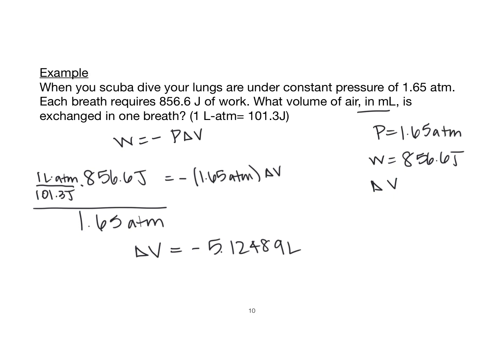The question asks for the volume of air in milliliters, so we multiply by 1,000, giving negative 5,124.9 milliliters. We can only have 3 sig figs, so we round this value to negative 5,120 milliliters.